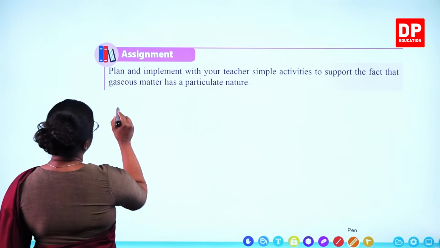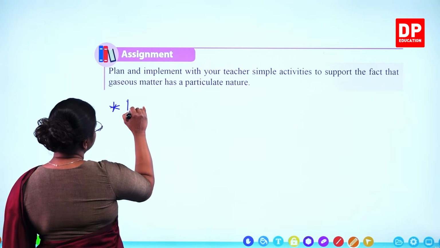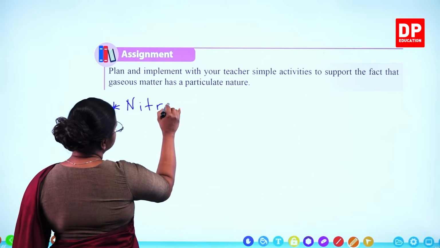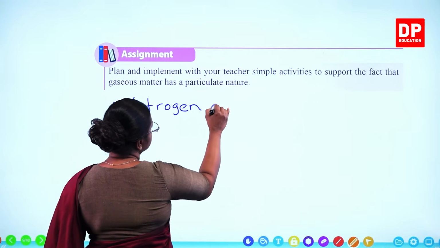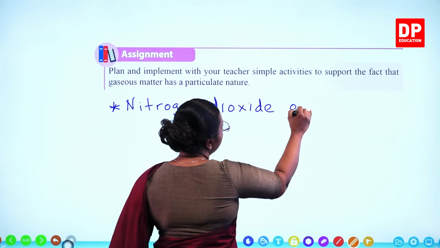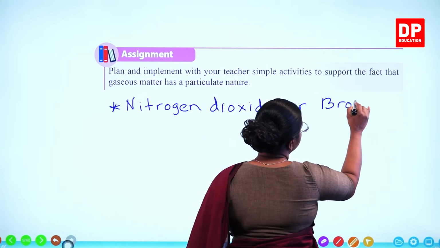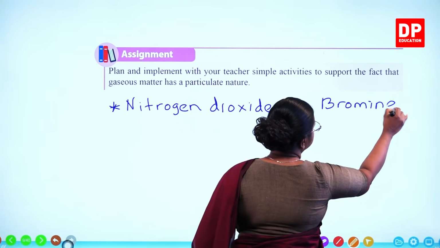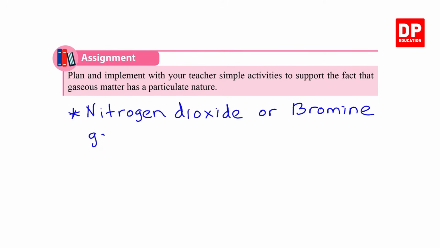Here we can use again nitrogen dioxide, or you can use bromine gas. Both are brown in color.